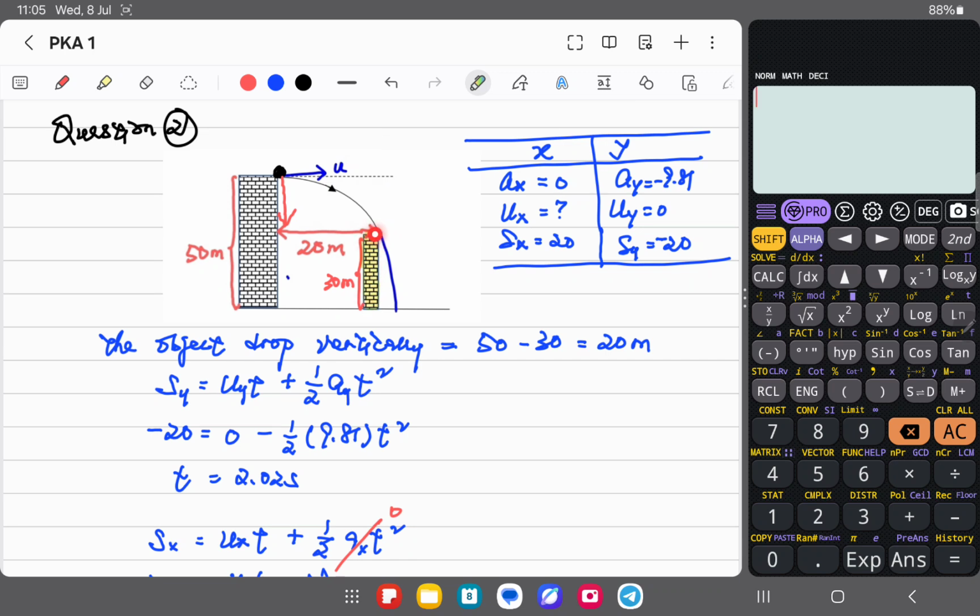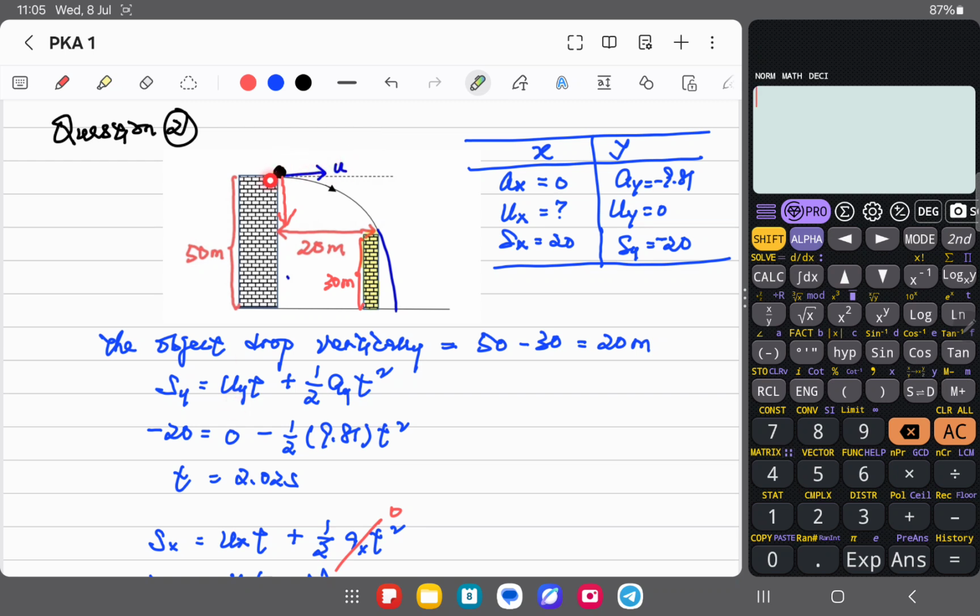Okay, so in order to calculate the initial velocity, I need to calculate the time, so I consider the y motion. I use s equals ut plus half at squared. As it passes over the 30-meter vertical wall, it has already dropped vertically 20 meters, so I have sy equals negative 20.